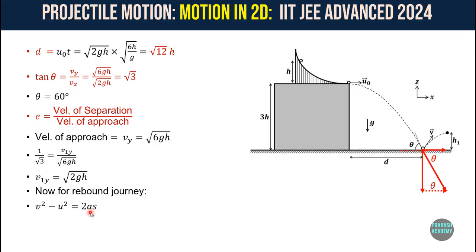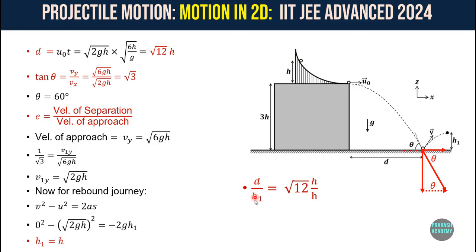I have to put acceleration equals minus g, and the distance is h1. So this becomes 0 square minus under root 2gh square equals minus 2gh1. So from here I can say h1 equals h. So the maximum height it is gaining is the same as this height.